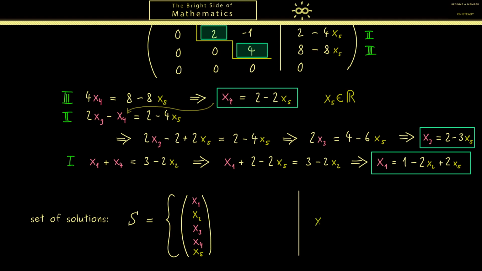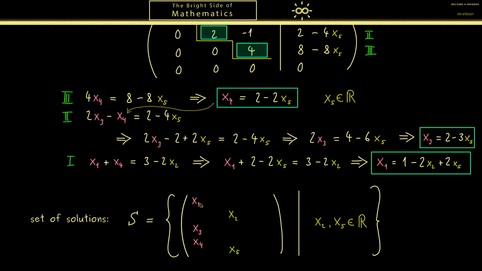Hence, you would write that x2 and x5 come from the real number line. In other words, we have the freedom to choose these variables. Moreover, after choosing these 2 variables here, we already know the values of the leading variables. More precisely, we can replace them by a function of the free variables. Indeed, this is exactly what we will do now.